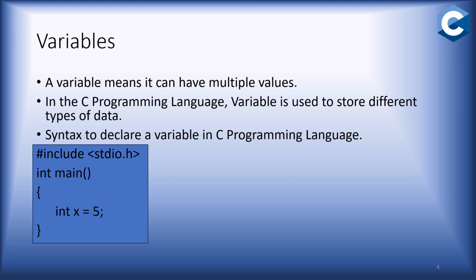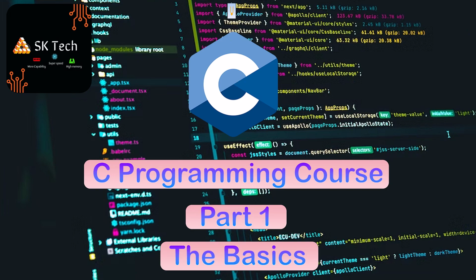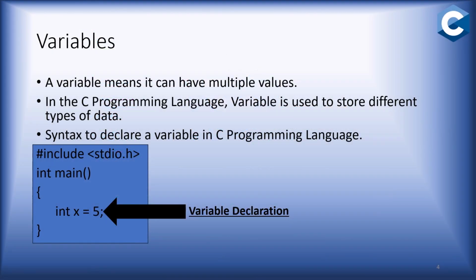So, this is the basic syntax where first we include the preprocessor directive, then we include the header file, then we use the main function. If you have some trouble understanding the syntax, please check part 1 of the video, which covers the basics of the C programming language. Now in this code, we see a new line.